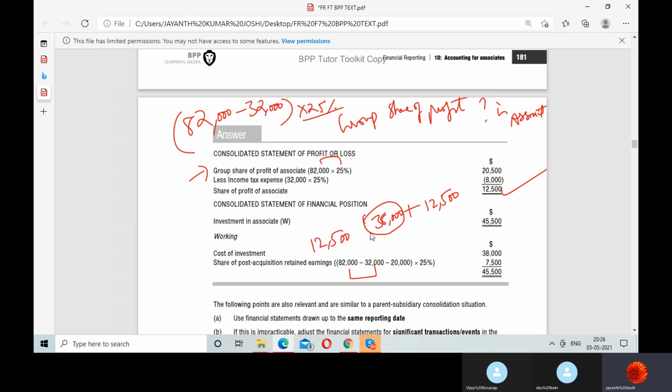Of 12,500 में से what will you remove? Investment cost of. Dividends. Okay. Why are we removing this? Return. Dividends, we have to find out the cost na. Dividend they have received as investment income.